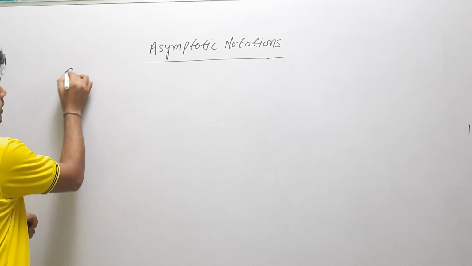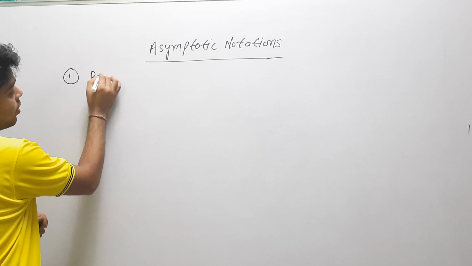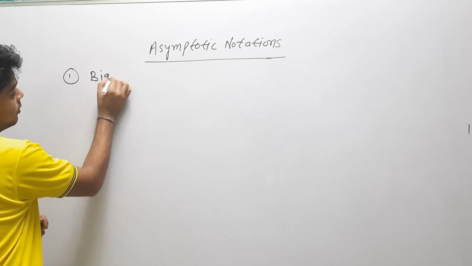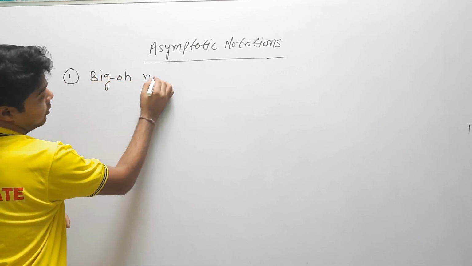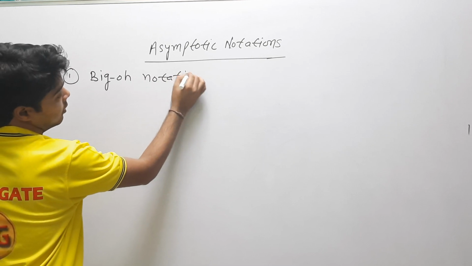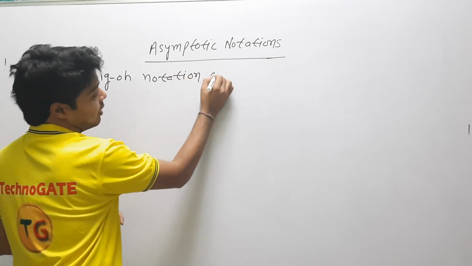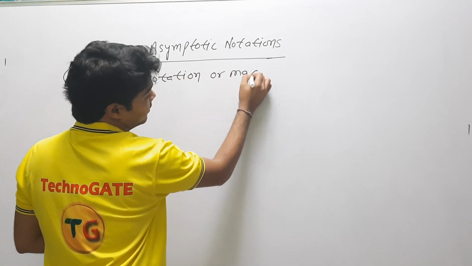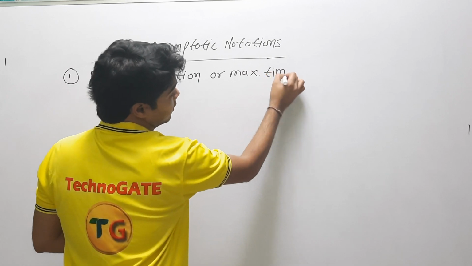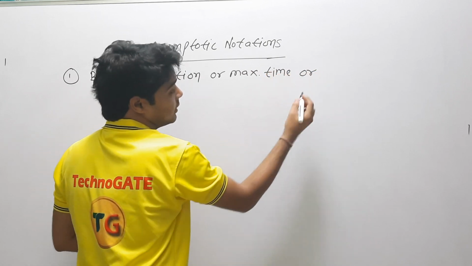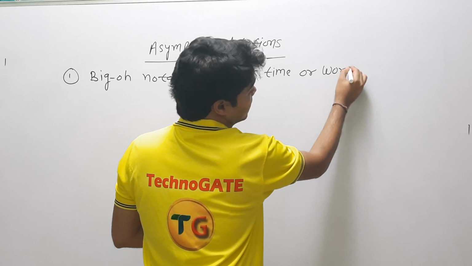So the first one is big O notation, or we can say maximum time, or we can say worst case time.